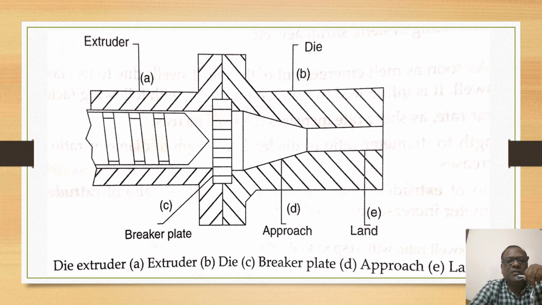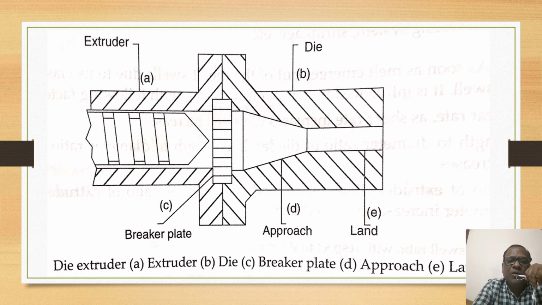The left hand side of the breaker plate is the extruder, and on the right hand side of the breaker plate we will have the die. In the diagram it has been shown as A, B, C, D, E. A is the extruder, B is your die, C is the breaker plate. That breaker plate is dividing your extruder part and the die part.